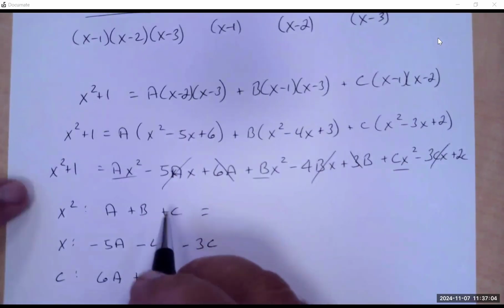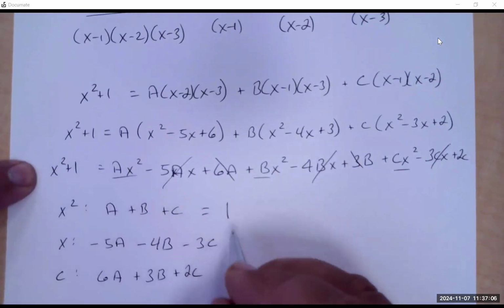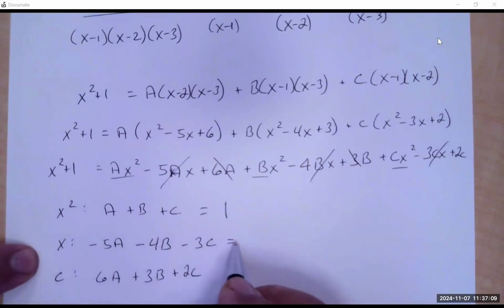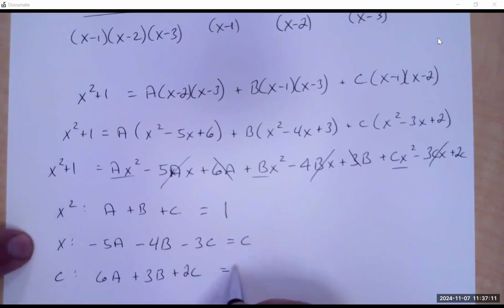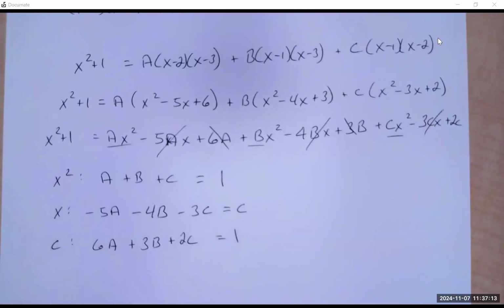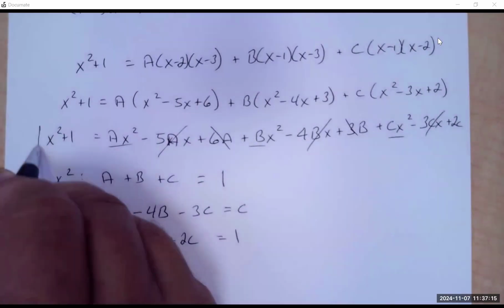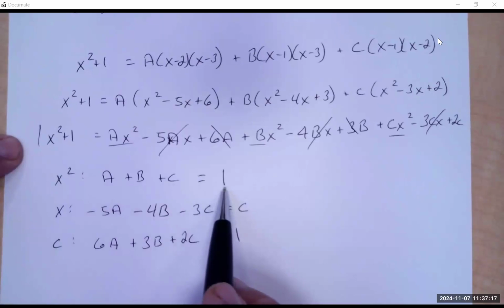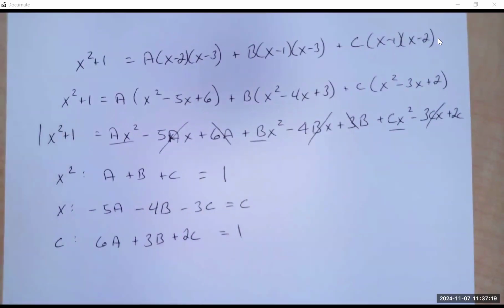So for this one, the x squareds equal 1. There are no x terms on the left side, so that coefficient is 0. The coefficient of x squared is 1, so all the x squared terms have to equal 1. All the constants have to equal 1.